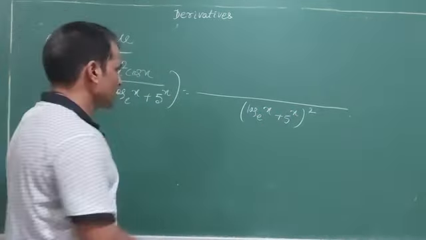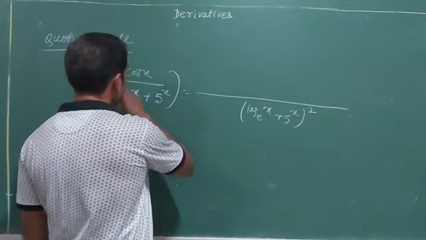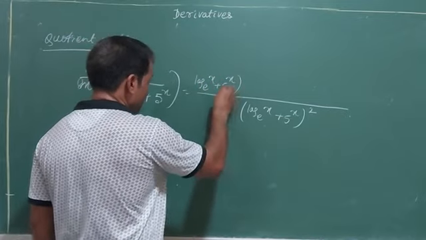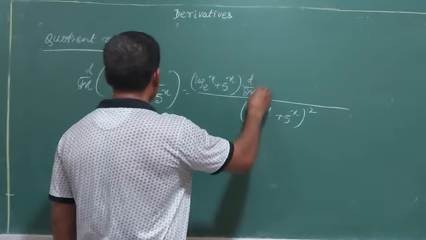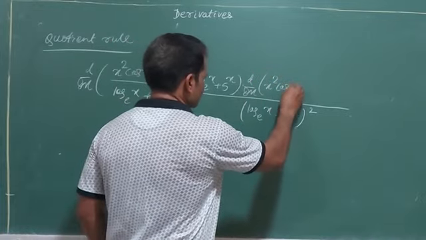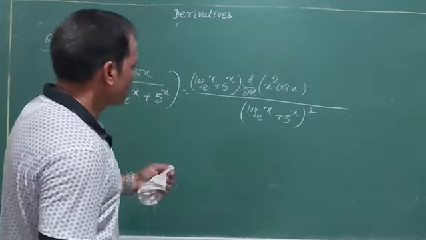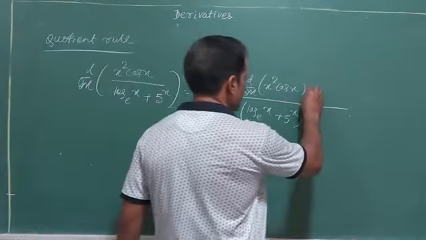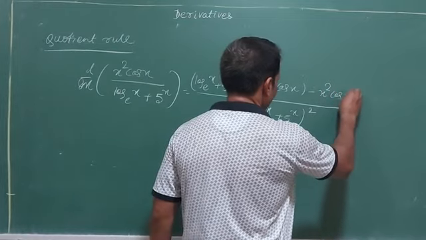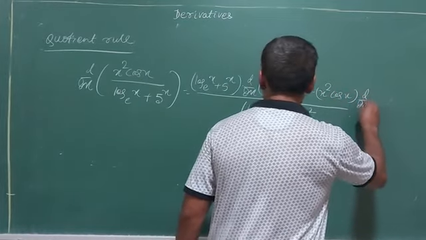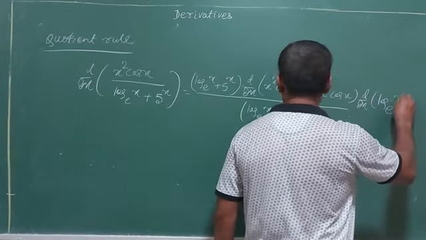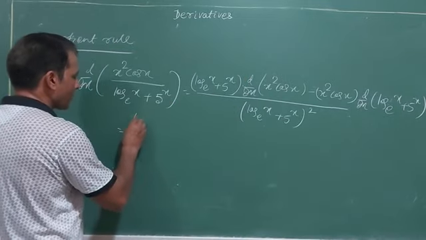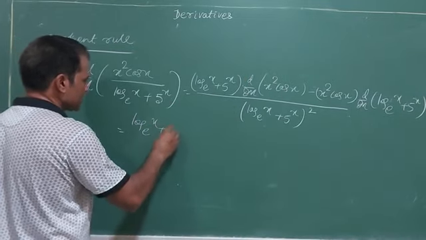Then denominator into d by dx of numerator x square cos x, minus x square cos x into d by dx of log x plus 5 to the power x.